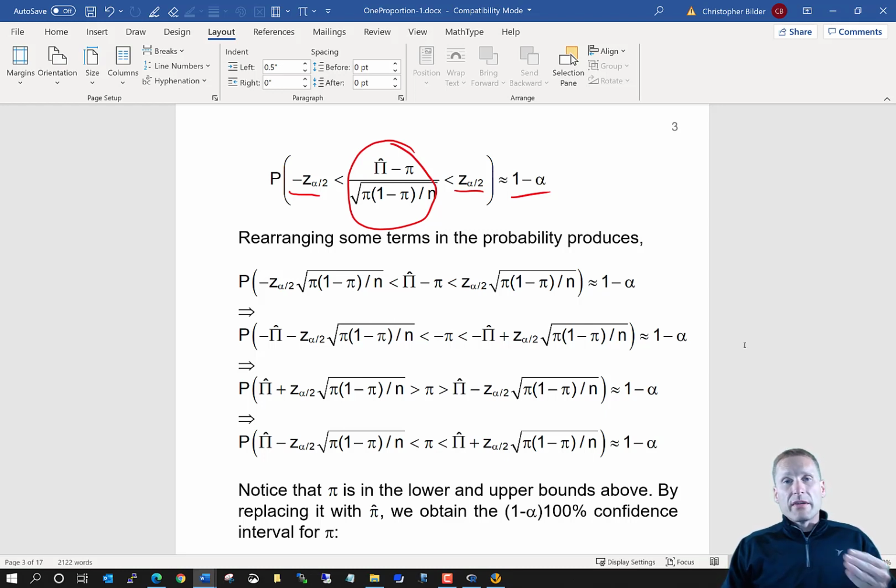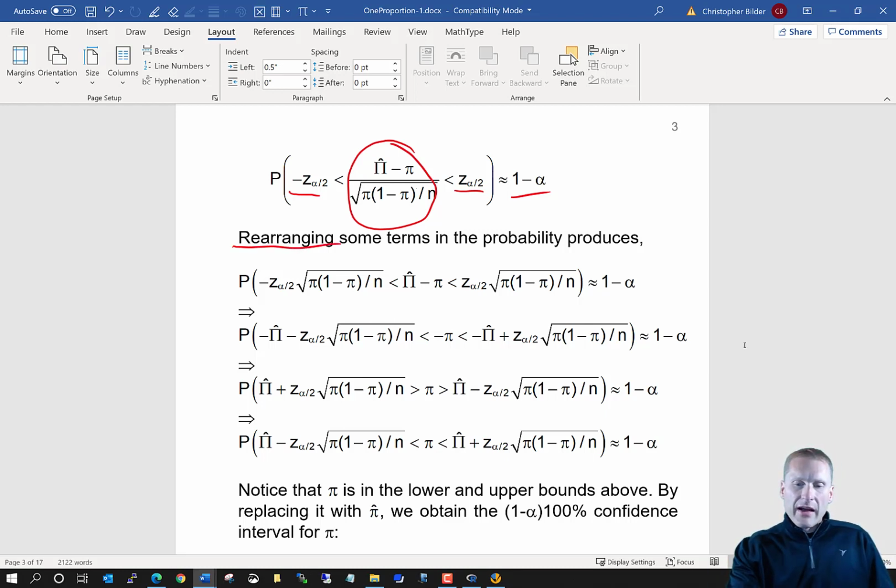And similar to what we did back then, what we can do is do some algebra in an attempt to only get pi in the middle of this inequality so that we can then eventually come up with a confidence interval. And so that's what I do next. I just rearrange some terms.